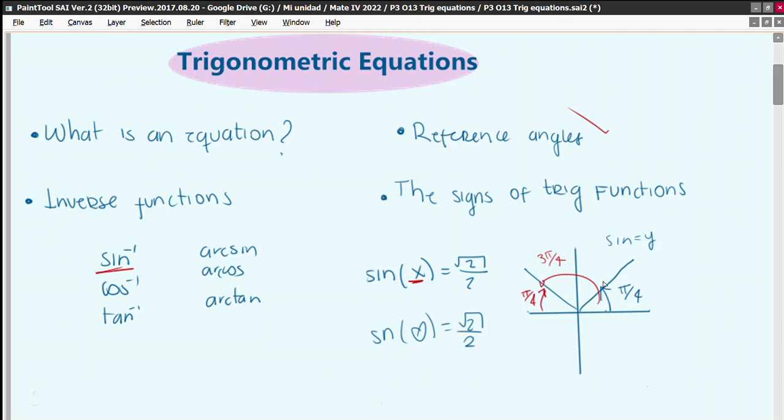You can check your unit circle sketch if you don't remember. You filled up the entire unit circle, or look for a unit circle in Google, and you're going to remember that sine of pi fourths, usen sus deditos, is square root of 2 over 2. And also, because sine is positive here in this second quadrant, sine of the exact same reference angle, or 3 pi fourths, is also going to be the square root of 2 over 2.